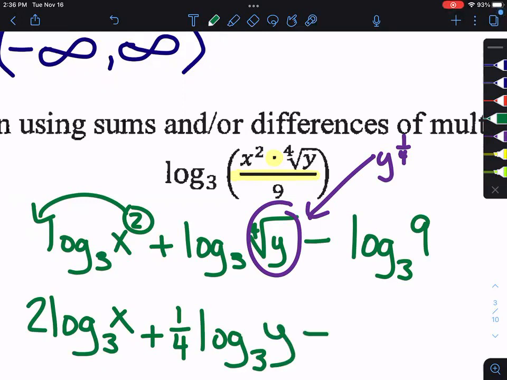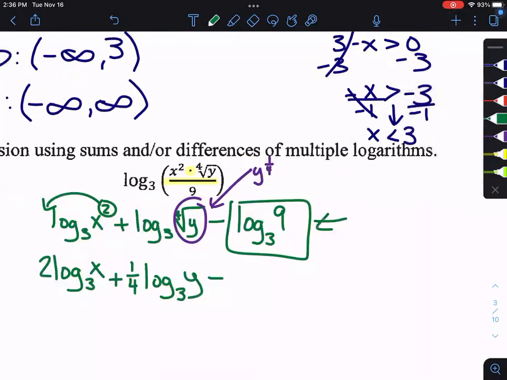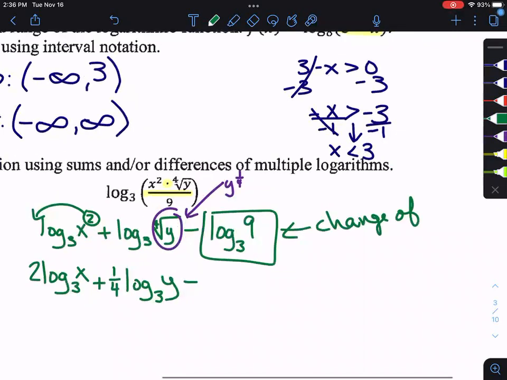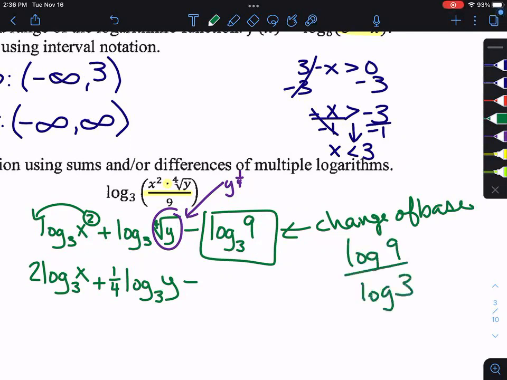Minus, for this part here, since there are no variables, we want to take our calculators and use the change of base formula and take log 9 divided by log 3 in our calculators to figure out that log 9 divided by log 3 equals 2.